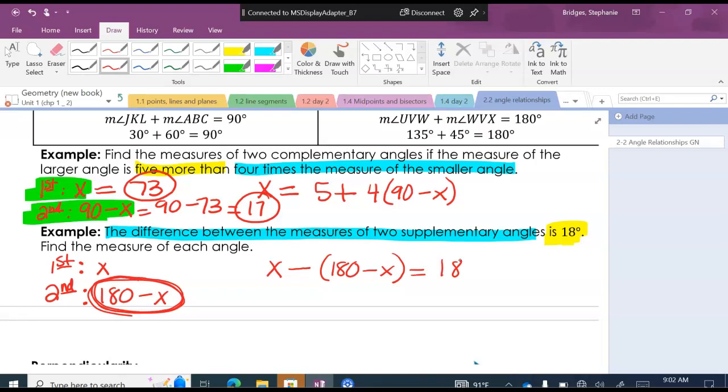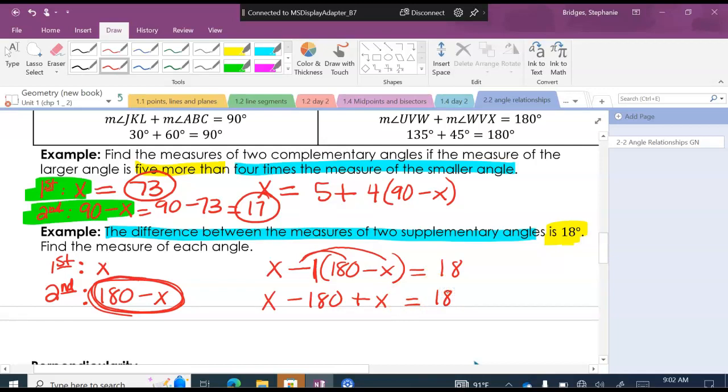Is everybody following me so far? Okay. This equation up here had parentheses. What did we do first? Distribute. Let me ask you this question. What number's in front of this parenthesis behind the minus sign? A 1. So we are going to distribute that. X is going to stay. We're distributing that as a negative 1, which would turn that to a minus 180 and a plus x.